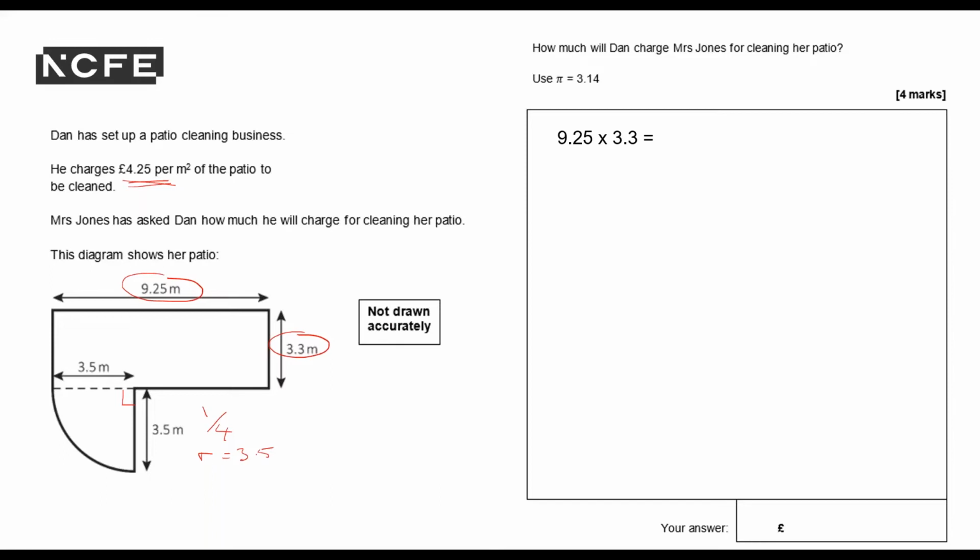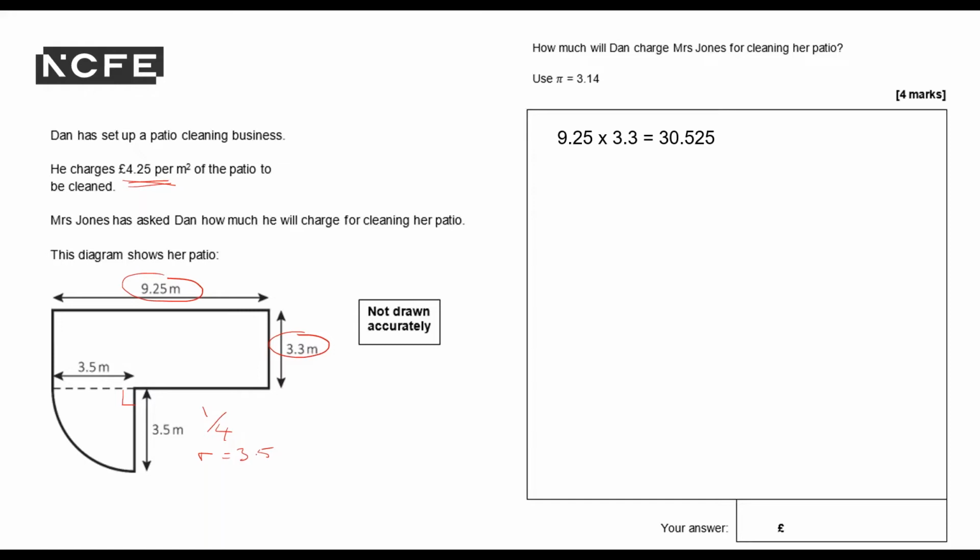So we've got 9.25 times 3.3 equals 30.525.